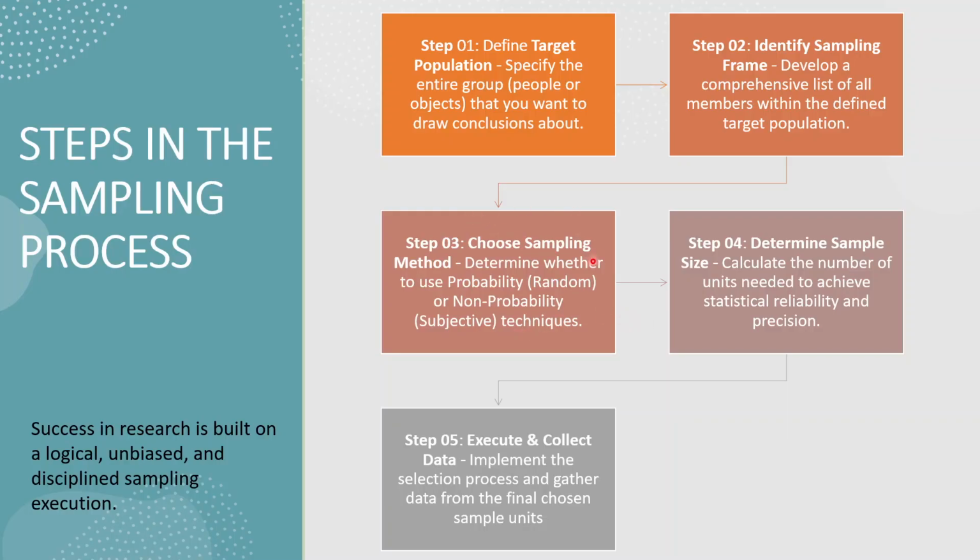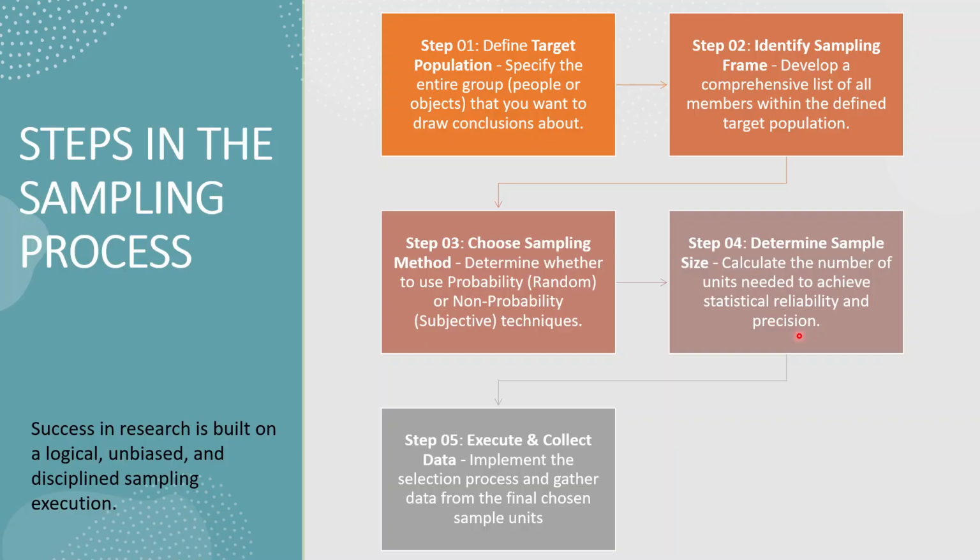Then once you have decided how you will be picking the sample, step 4 is determine sample size. I will have to decide how many samples I need to pick. So calculate the number of units needed to achieve statistical reliability and precision.